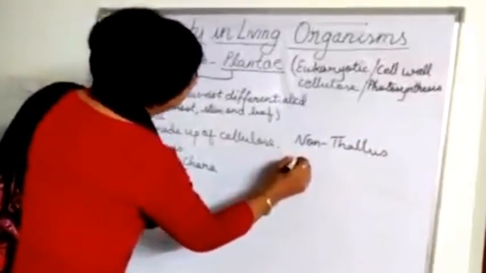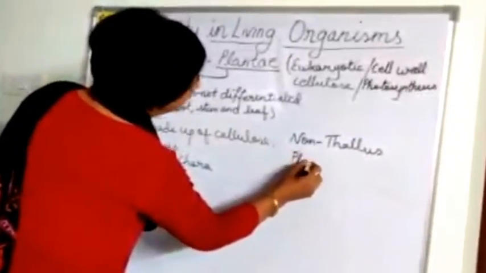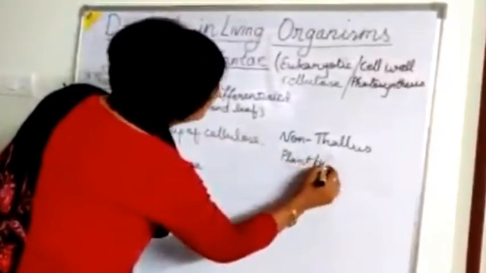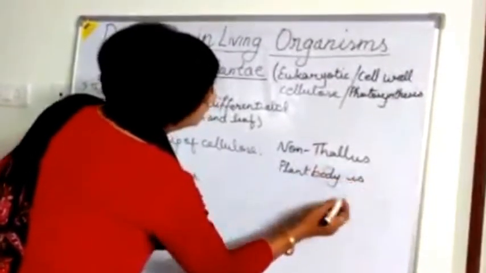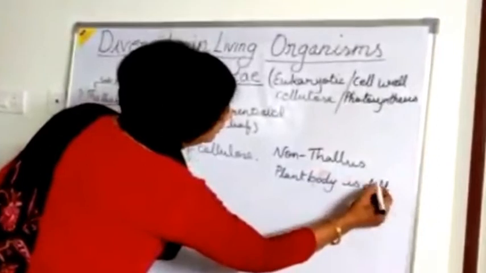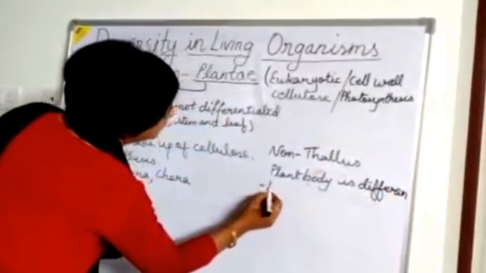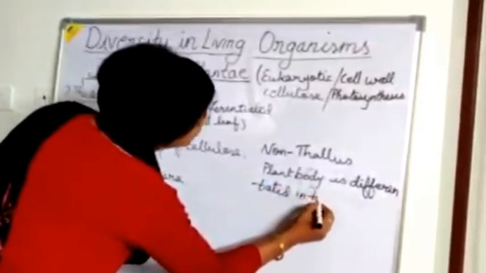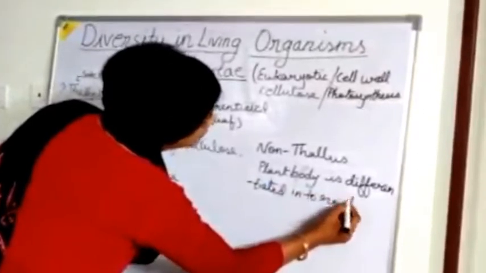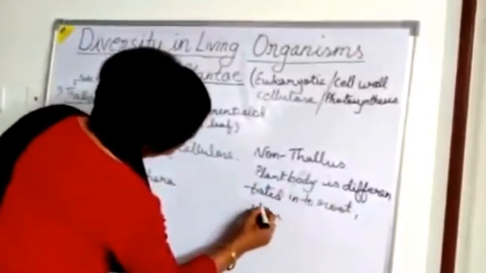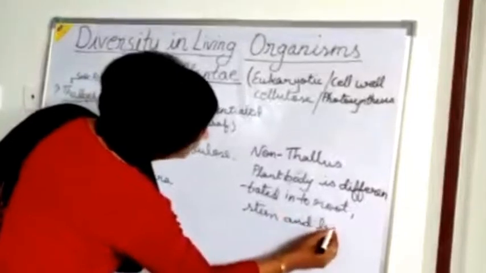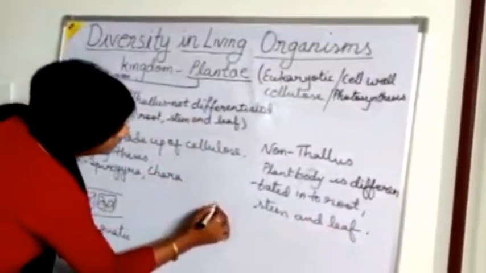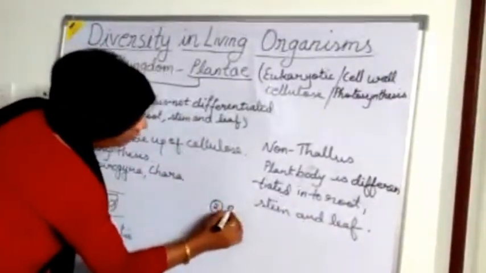Already the plant body is differentiated into root, stem, and leaf. So we are getting the second subdivision, that is Bryophyta.